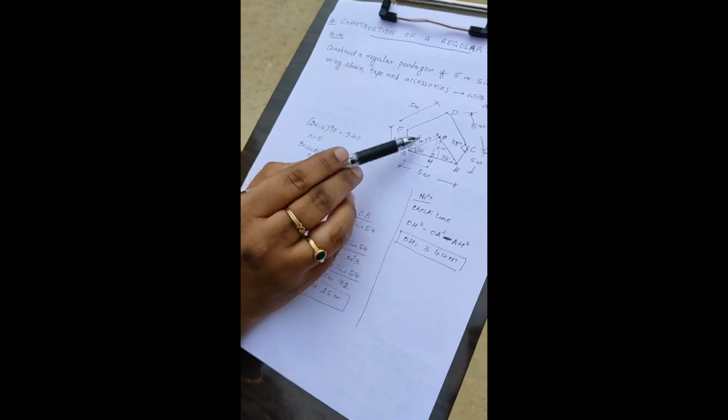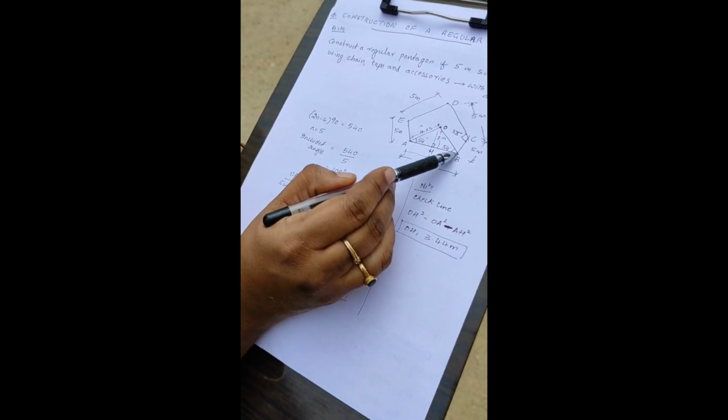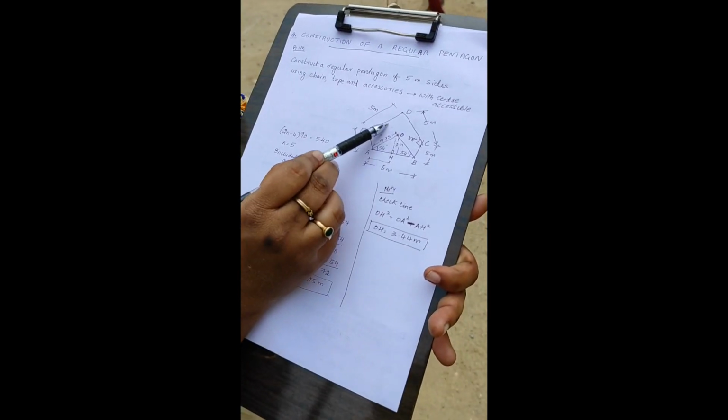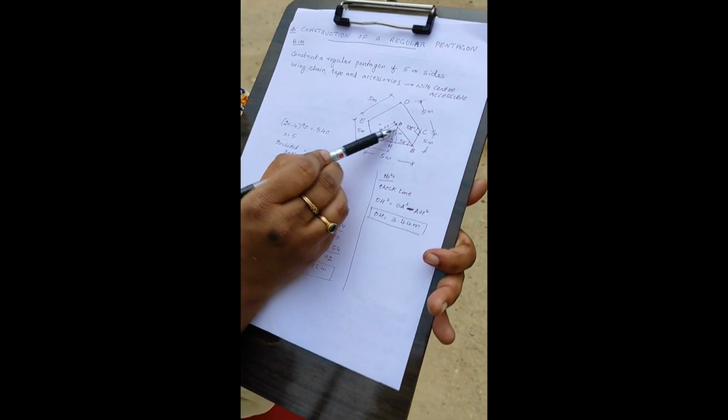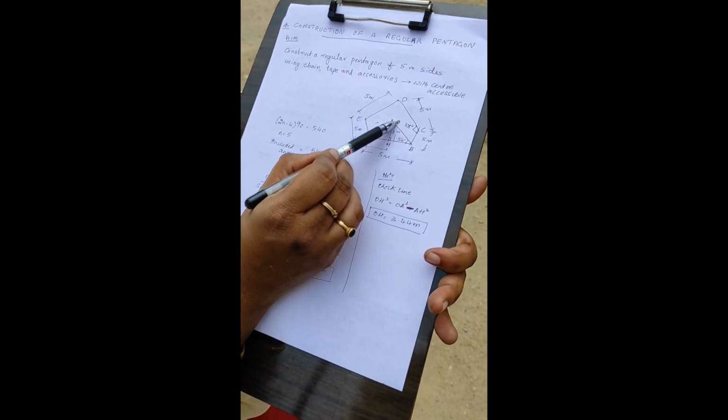If you measure, if everything is correct, this should be 5 meters, this should be 4.25, this should be 4.25. Take 4.25 on the tape and put an arc using the arrow. From B again we will measure 4.25 with the tape and put an arc.